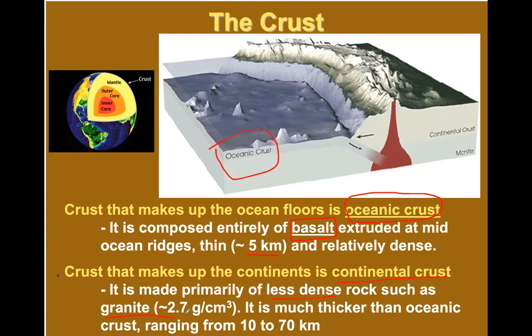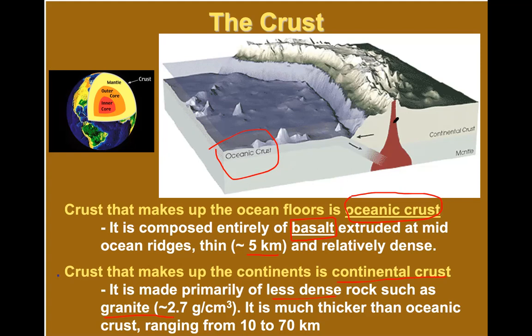Although the difference is very small, 0.3 grams, if you consider the plate sizes, the crustal sizes, the kilometer scales, right? This matters. And the continental crust is also much thicker than the oceanic crust.